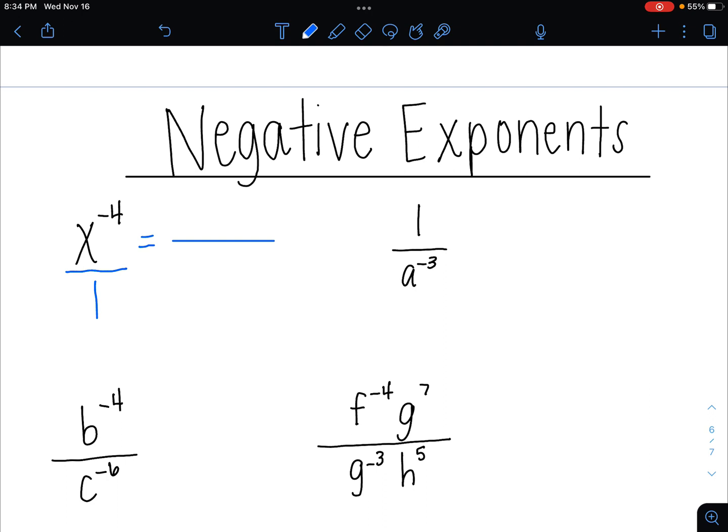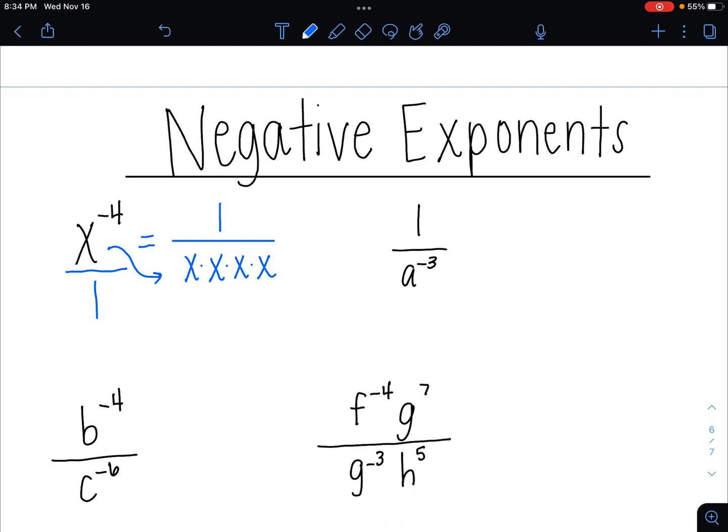And we're going to put any negatives into the denominator. So this becomes x times x times x times x. Those are going into the denominator. And then, since there's nothing in the numerator, we can put a 1 there. So 1 over x to the power of 4.